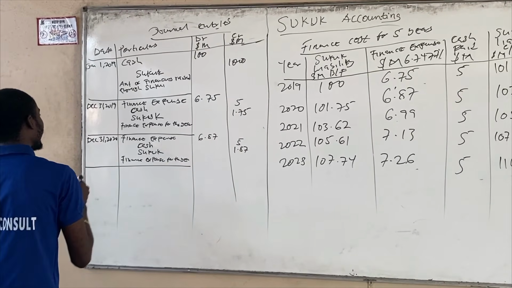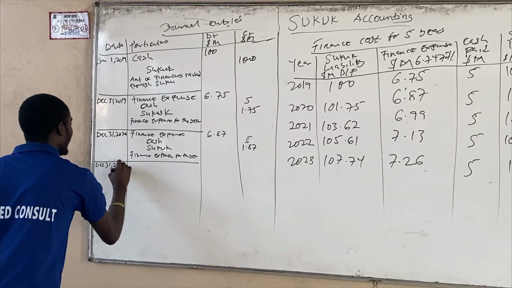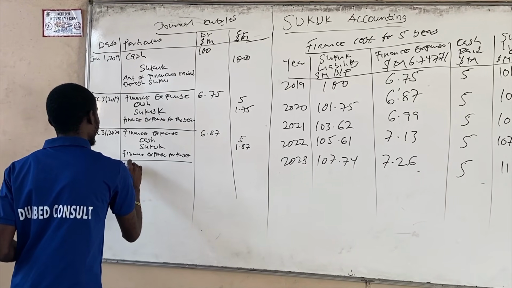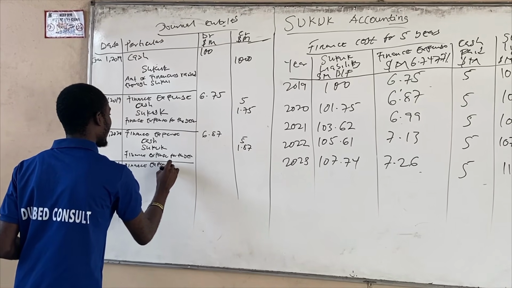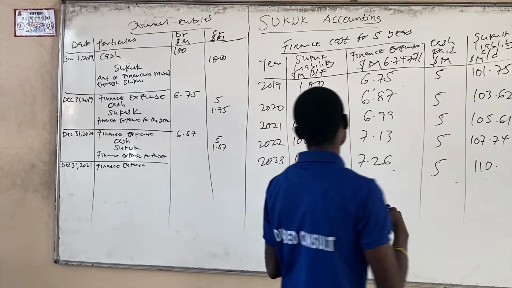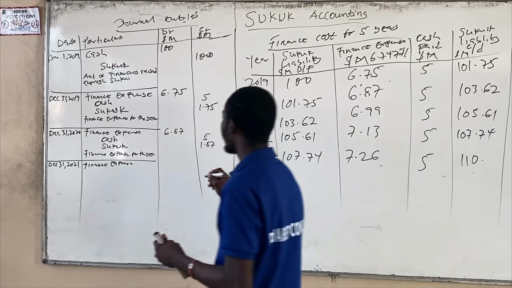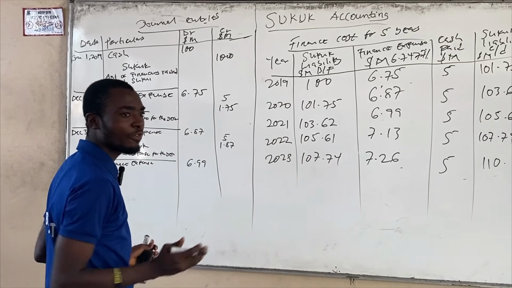So we continue with the third year, which is 31st December 2021. So over here, we debit the finance expense. And then the finance expense for 2021 is 6.99. So you debit 6.99. And then they made cash payments of 5 million.